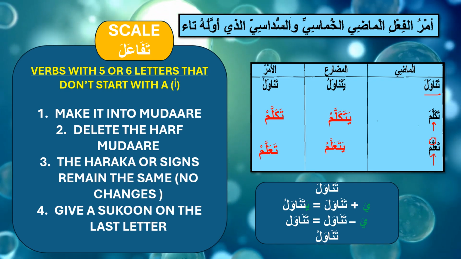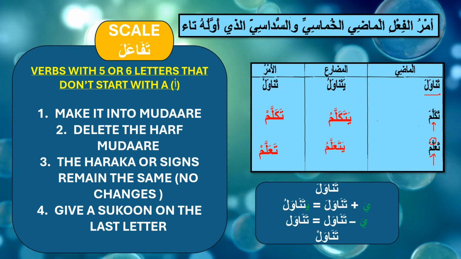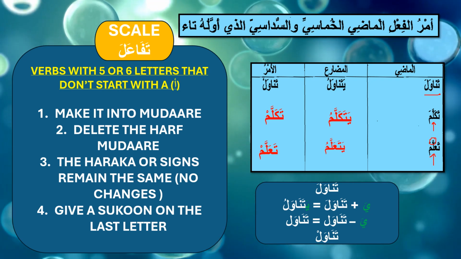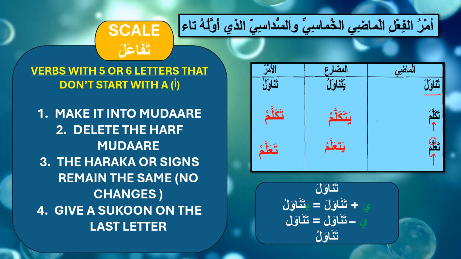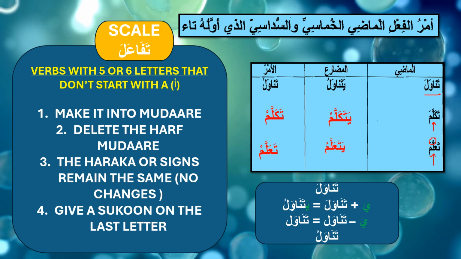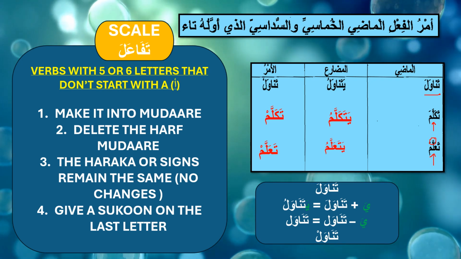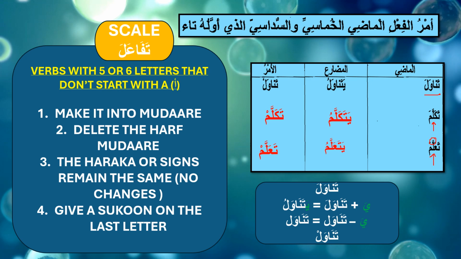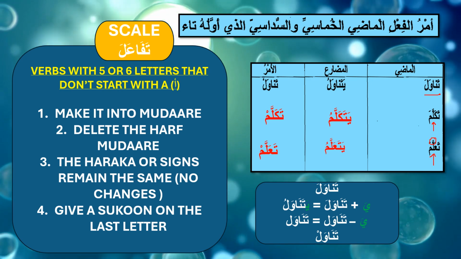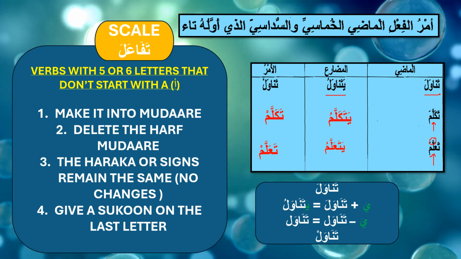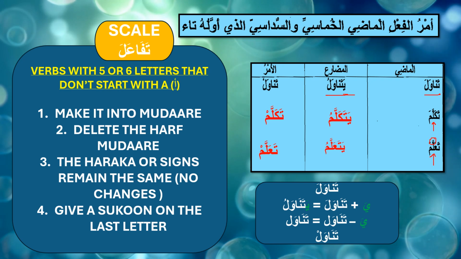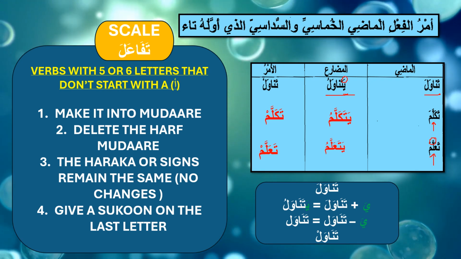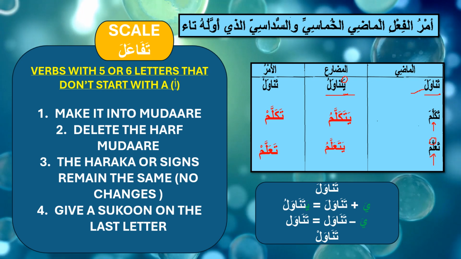In this type of scale, you have nothing to do with the second last letter having a kasra or the ya having a dhamma. The structure remains the same throughout, even though you add a harf mudare. So in this case, when you see from tanawala making it into a mudare, the ya still has a fatha, and then the structure follows the same except the last letter.